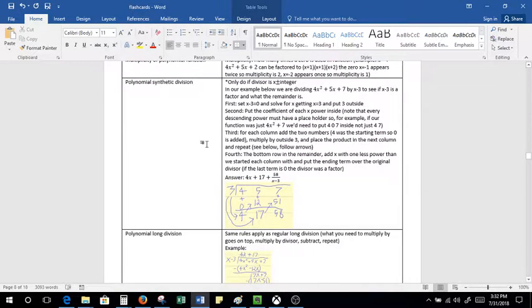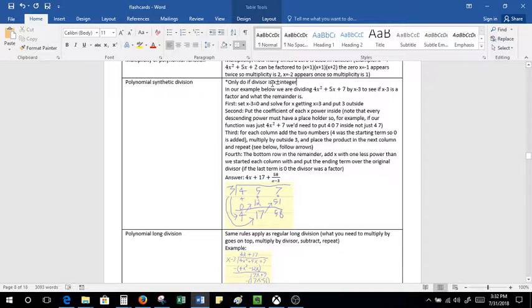Polynomial synthetic division. This type of division, you're using one factor to divide. There are other ways to do things like this with more than that, but it gets really complex and you'd have to learn other ways of doing this.